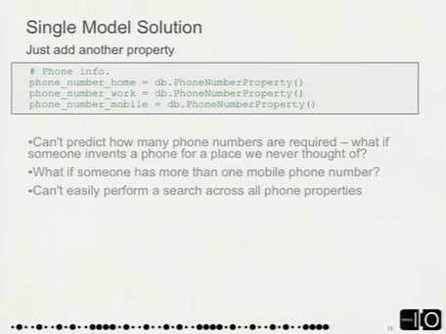The problem with this, though, is that you can't predict how many phone numbers the person is going to have. What if somebody invents a telephone number for a place that we hadn't thought of? Or some people have multiple mobile phones, a work mobile phone and a personal mobile phone, or maybe just two mobile phones.